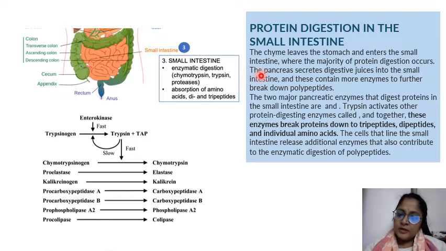In this protein digestion, there are certain enzymes. Please remember that these enzymes are inactive in nature. They are zymogens, and they are activated by themselves, by auto activation, or with the help of the enterokinase enzyme.